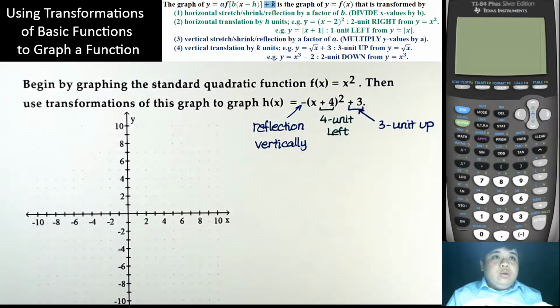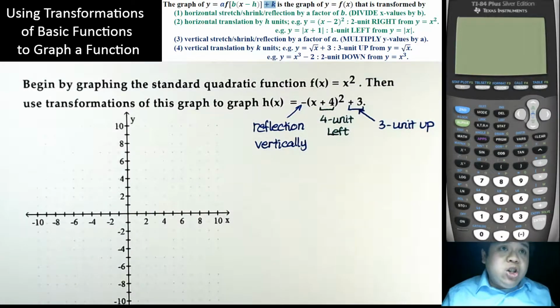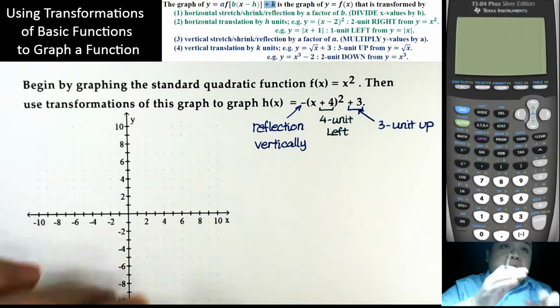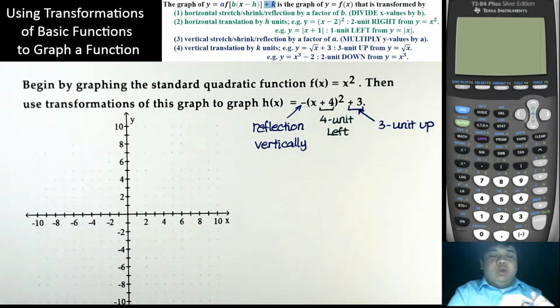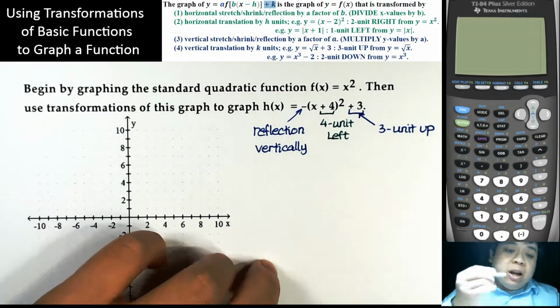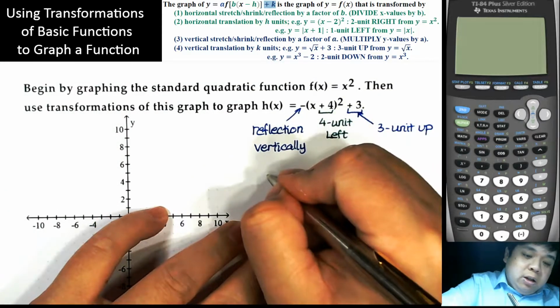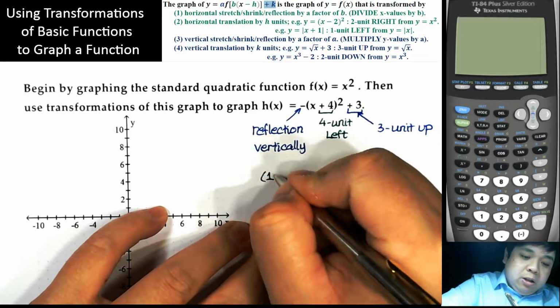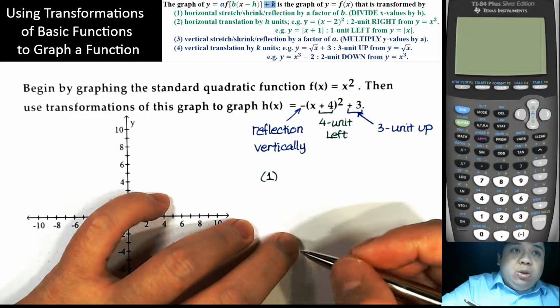Now put all of this together. The order of transformation will be as follows. First, inside and then outside, multiply, divide, and then add or subtract. So the first thing we'll do is 4 units to the left.